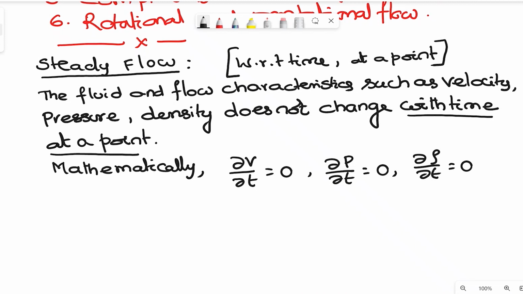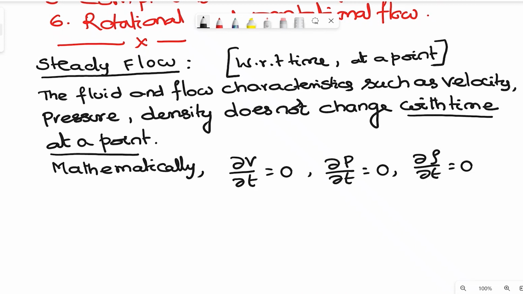But physically, how to explain it? For example, you take yourself standing on the bank of a river. Wherever you are standing, that is the point. Now, at that point, you are measuring the velocity of flow at 6 o'clock, 7 o'clock, 8 o'clock, and so on, continuously taking velocity readings.